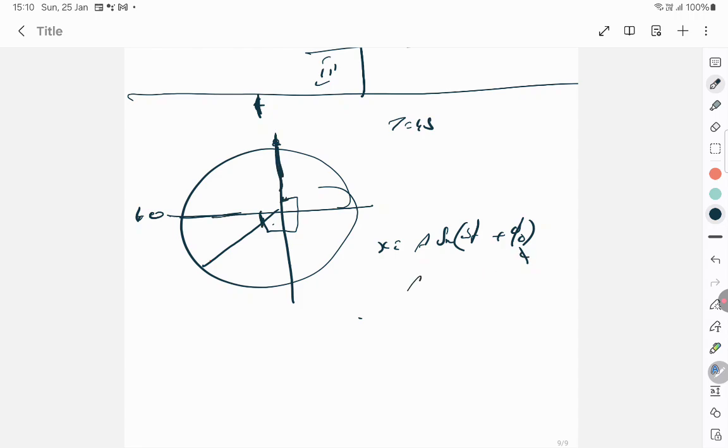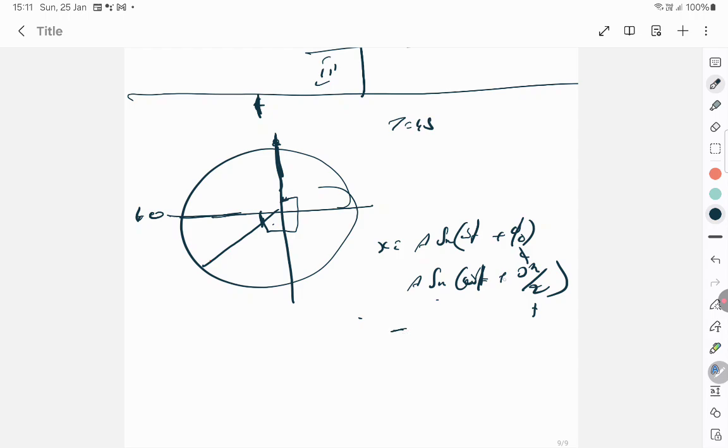So then it's a sine omega t plus 3 pi by 2, and this is coming in the fourth quadrant. Sine in the fourth quadrant is anyway negative.